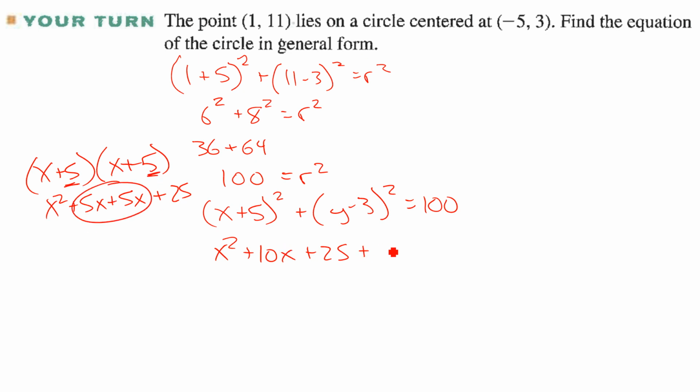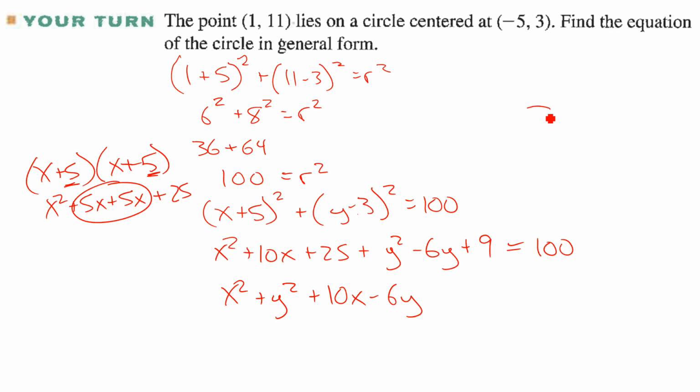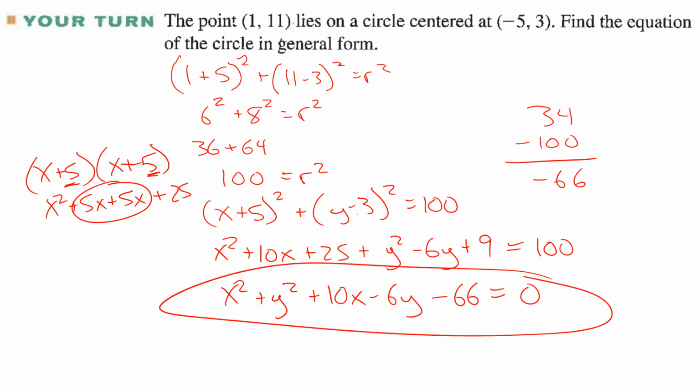So we'll do that with the next one. y squared, double negative 3, you get negative 6y plus 9, equals 100. We'll have x squared plus y squared plus 10x minus 6y. 25 plus 9 is 34, minus 100 is negative 66. So minus 66 equals 0.